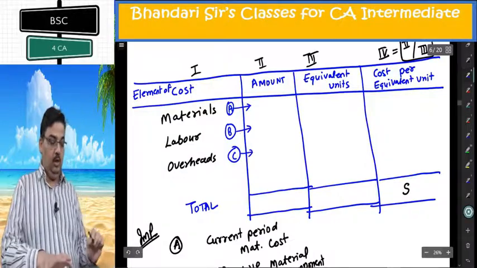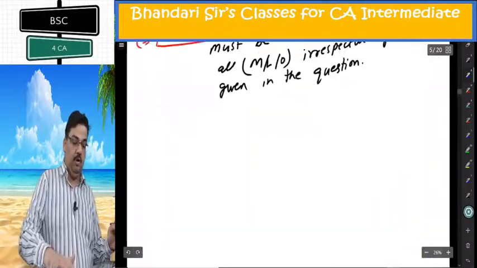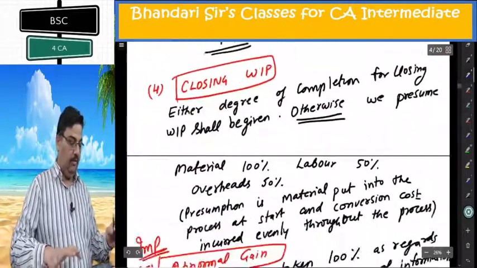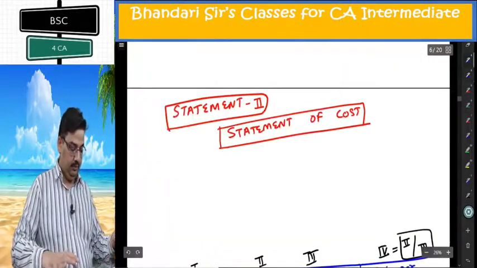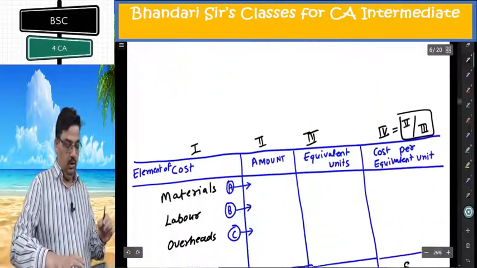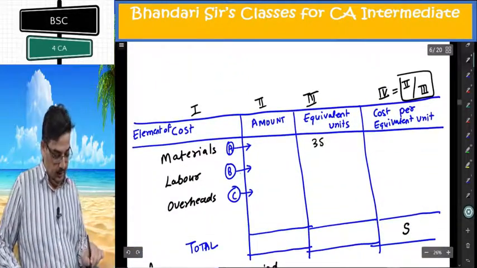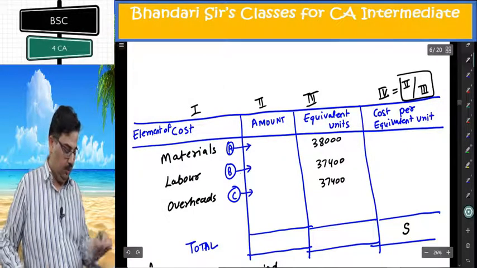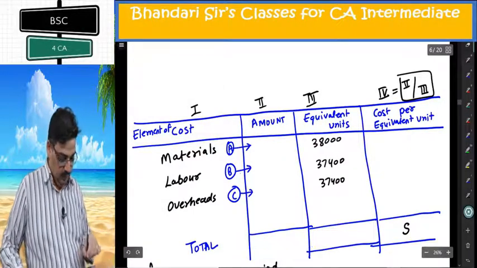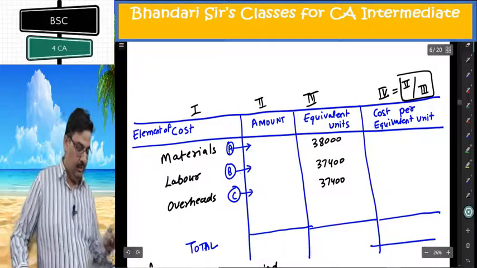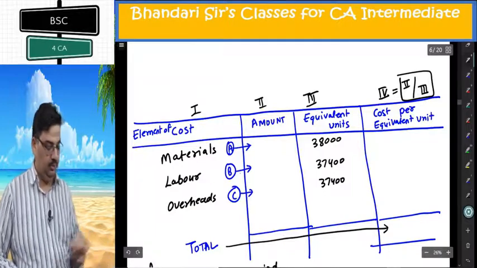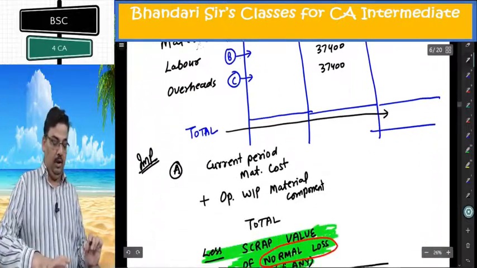Equivalent production I can pick already from first statement, which was 38,000, 37,400, 37,400. I don't need total of this. This will be computed here. So I'm going to calculate this for sure. So let us concentrate on A.